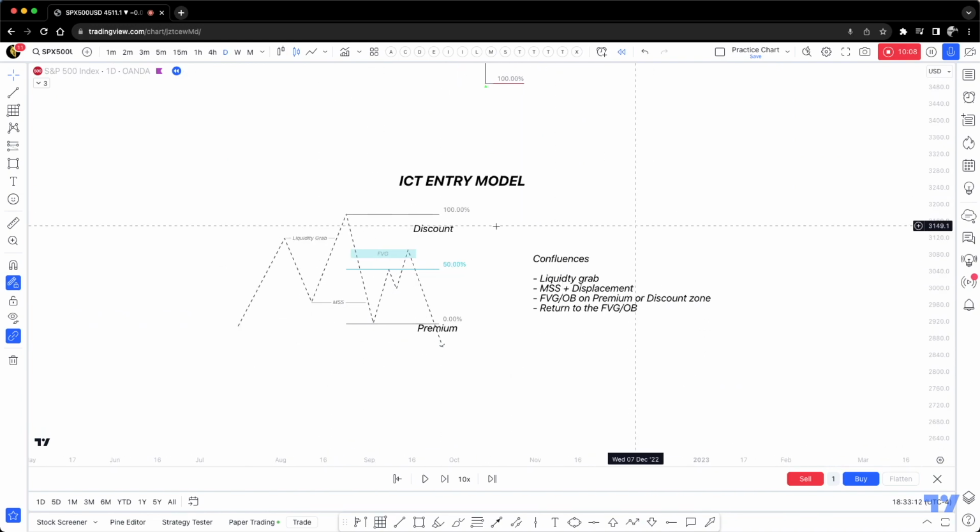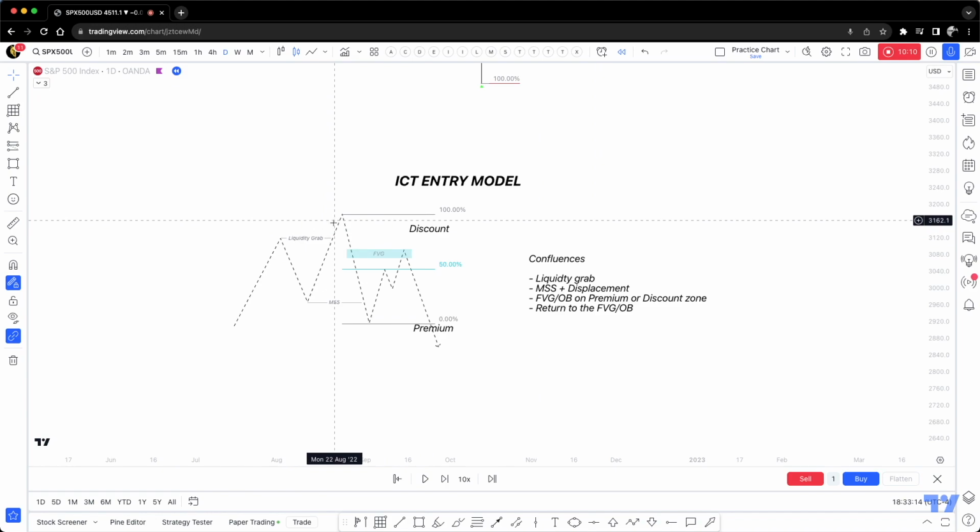Okay, after a break of structure to the upside, after let's say a BOS, right? You have a break of structure to the upside. If this thing really wants to continue pushing up, probably it's going to slow down after the break. Maybe it's going to be creating new highs or so, right?